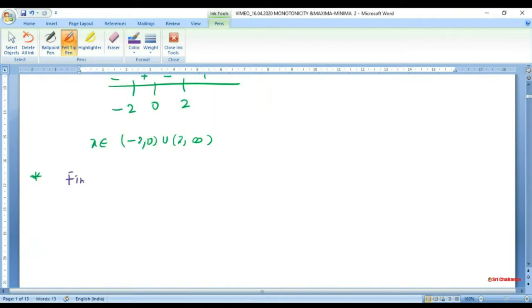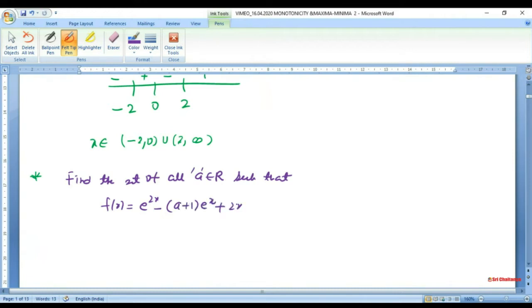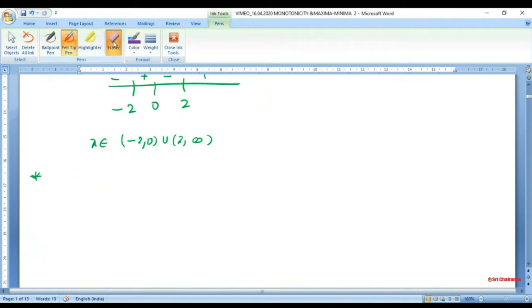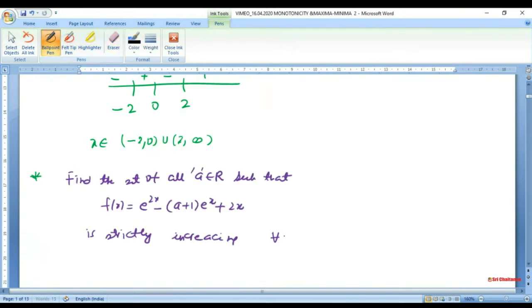This says: find the set of all a element of R. So you want to find the set of all a that belong to R such that the function f of x is e to the power 2x minus (a plus 1) e to the power x plus 2x is strictly increasing for each x that belongs to R. So this I want to solve.